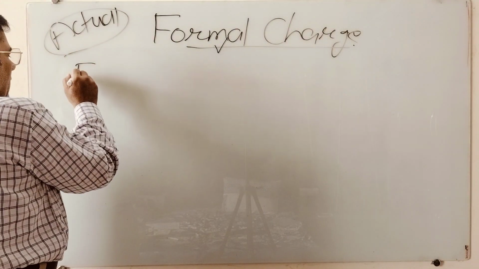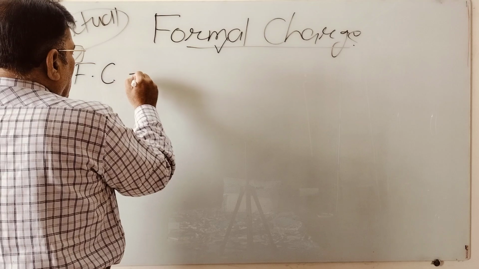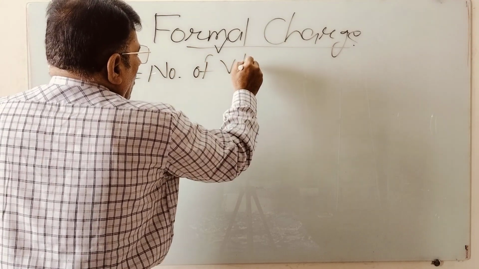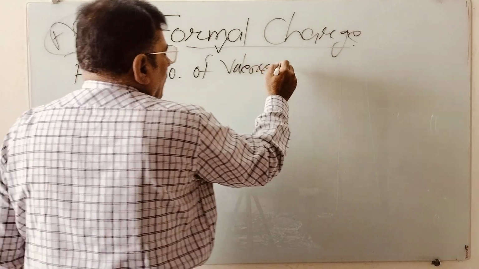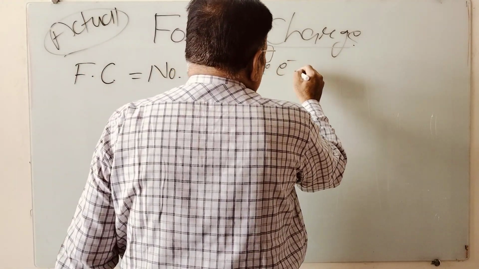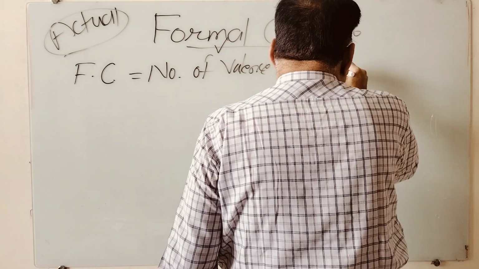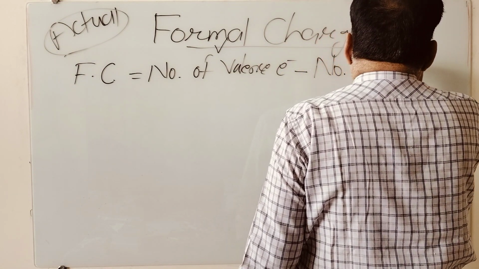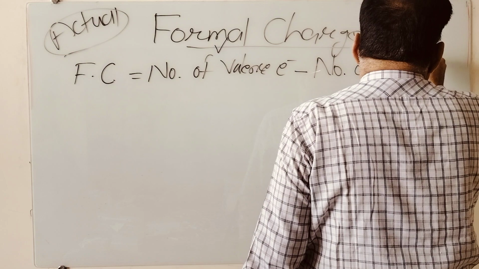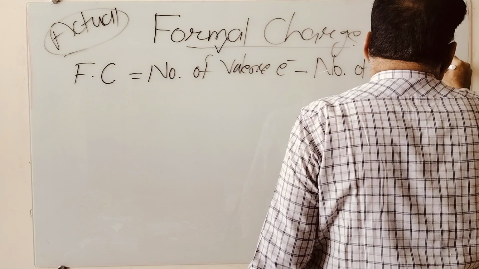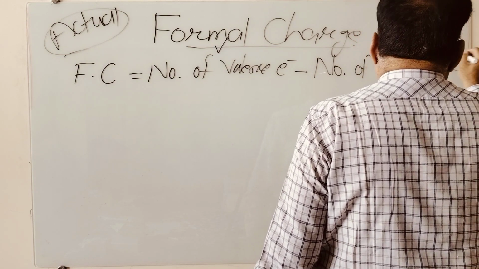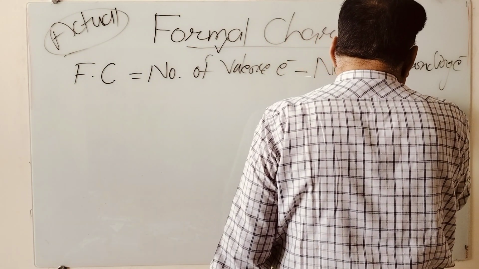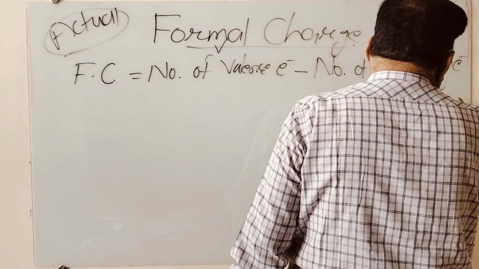Now I will write formal charge, Fc, equals number of valence electrons, minus, now I will differentiate here, number of non-bonding electrons, minus half the number of bonding electrons.